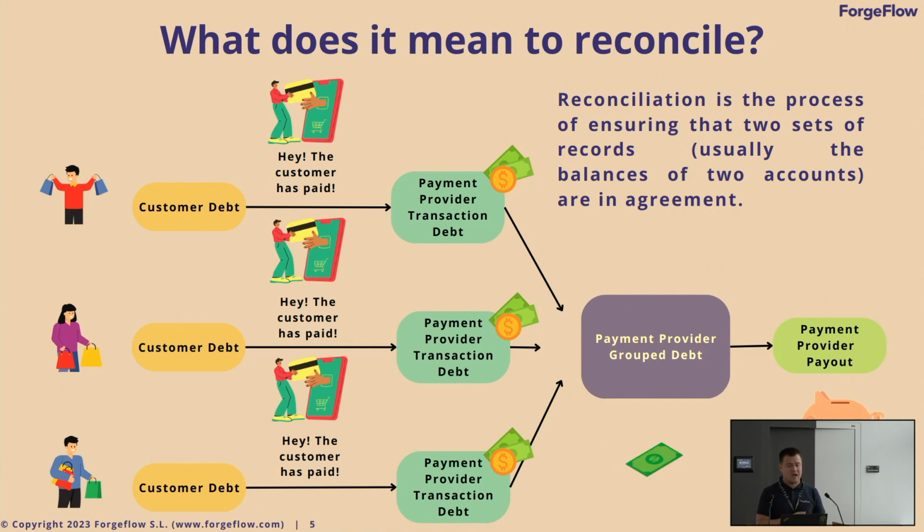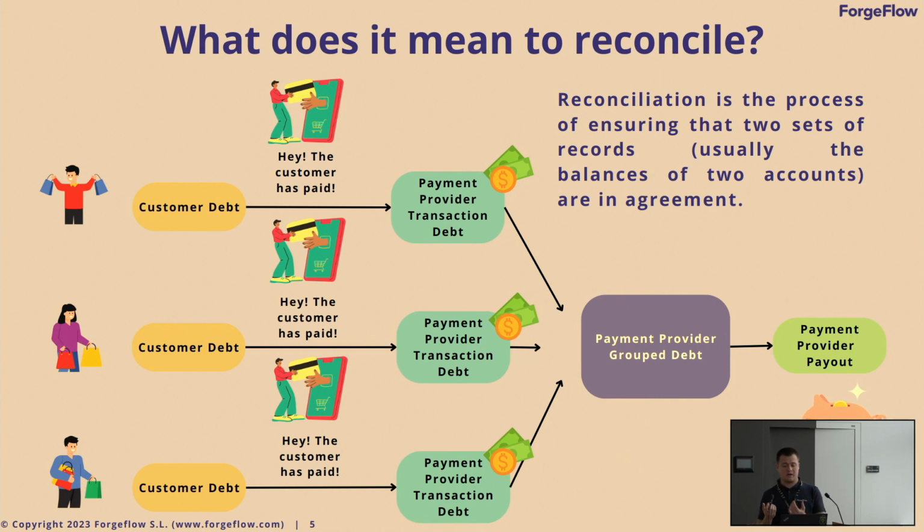And start closing them. At the moment that the payment provider tells you, okay, this customer has paid, you close the customer's debt. But the payment provider does not pay you each individual transaction. So you open a payment provider transaction debt that says, okay, I'm going to pay you this because the customer has paid.